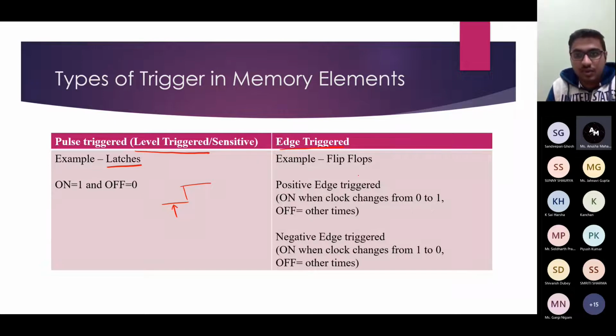But for edge triggering, there are two types: positive edge triggering and negative edge triggering. In positive edge triggering, when the positive edge arrives, the input gets registered, meaning the input will be evaluated only at this edge. While for negative edge triggering, the output will be evaluated at this negative edge.